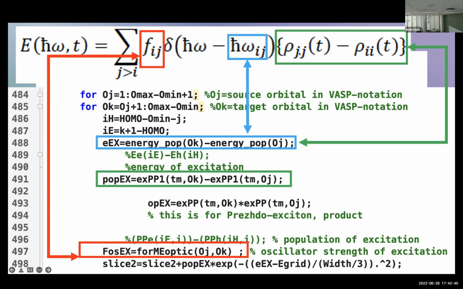If the population of the higher orbital is bigger than the population of the lower orbital, so if the subtraction is positive, it means we observe population inversion. If it is negative, we already arrange the summation in such a way that it will not be negative. We count only possible contributions. So this little box bracket is population inversion.